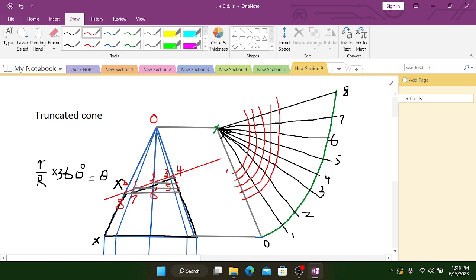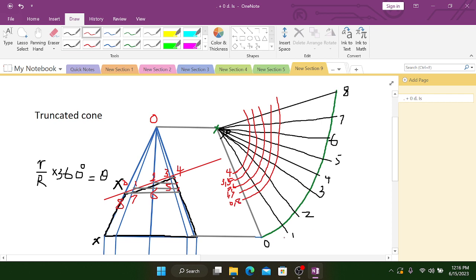First this is 4, and this one we know comes from 3 and 5, 3 comma 5. Then this is 2 and 6, 2 comma 6, and this is 1 comma 7. This is 0, 8.